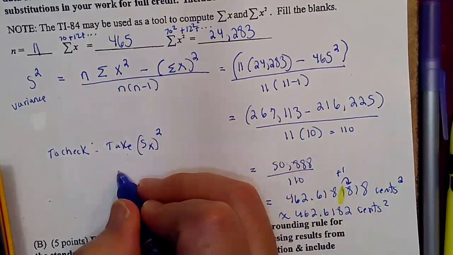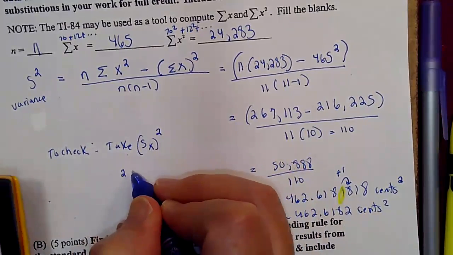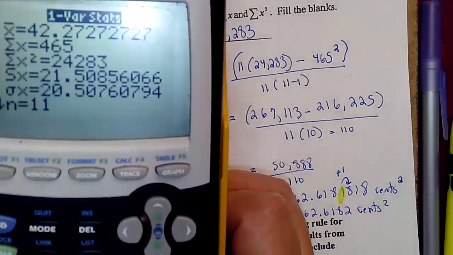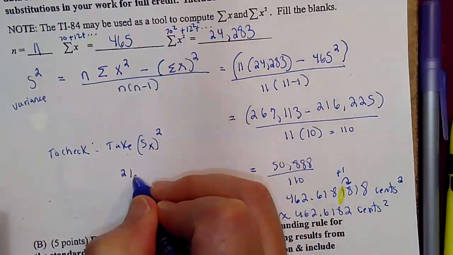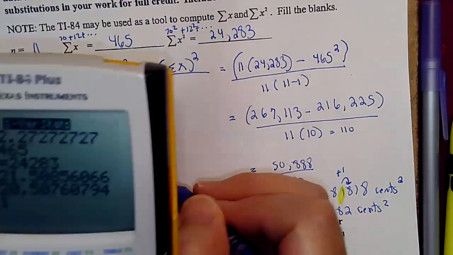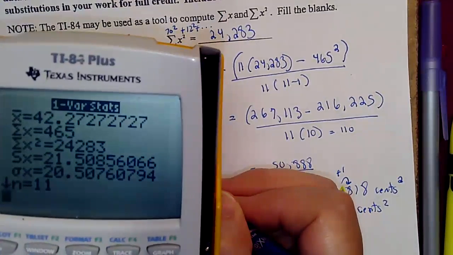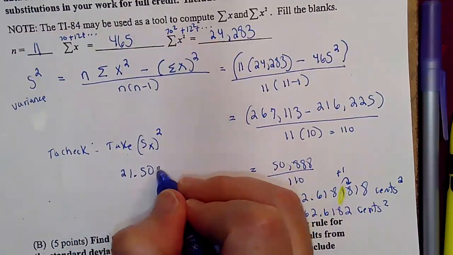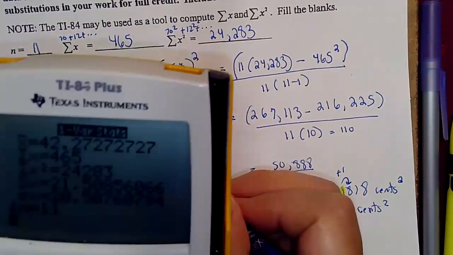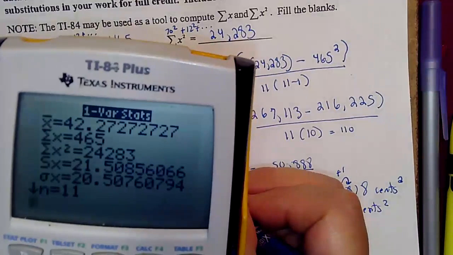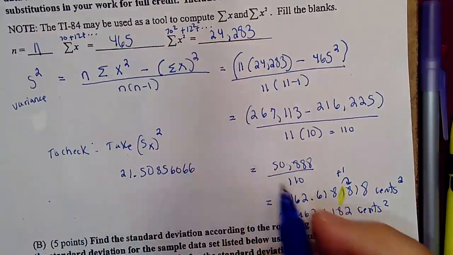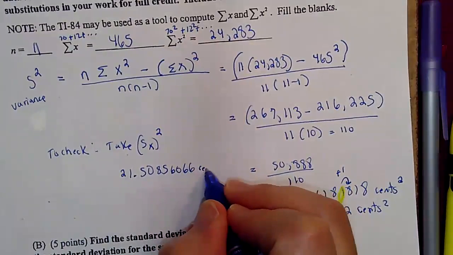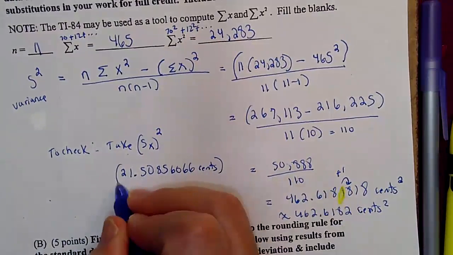So S of X is 21.506066. And remember, this is just cents. And then you're going to square that.